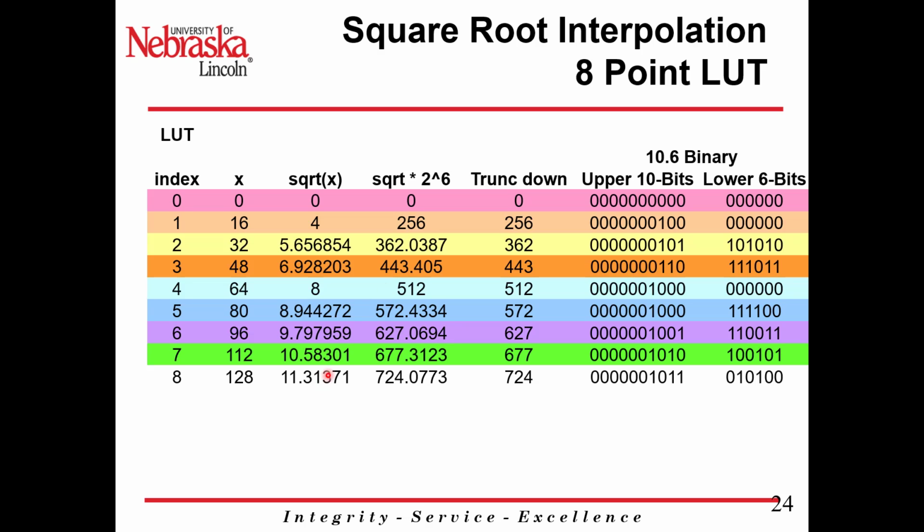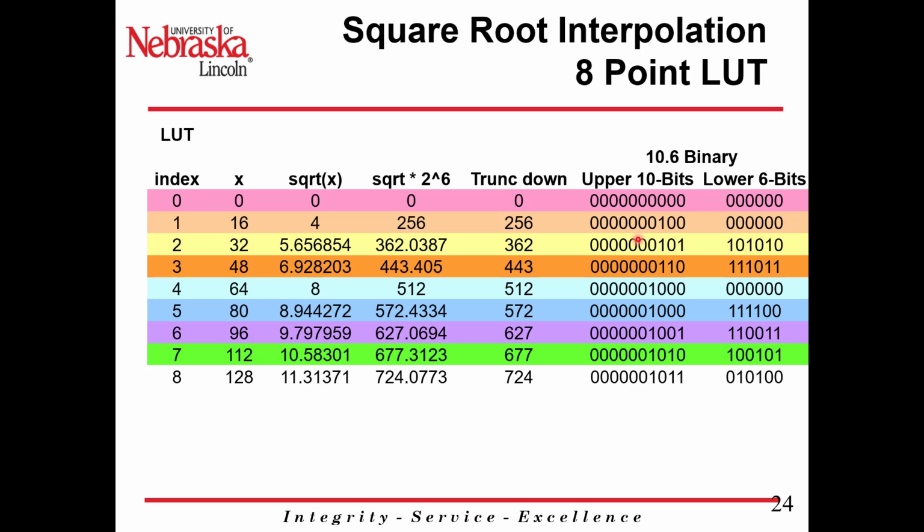And then we're multiplying that square root by 2 to the power of 6, because those are the fractional bits. And then we truncate it down to the nearest decimal value, because we wouldn't be able to represent anything higher than that. So we're basically shifting that binary digit over to calculate these out.